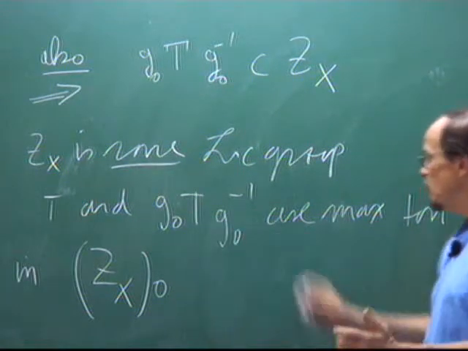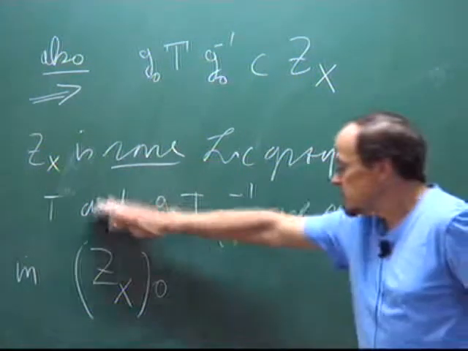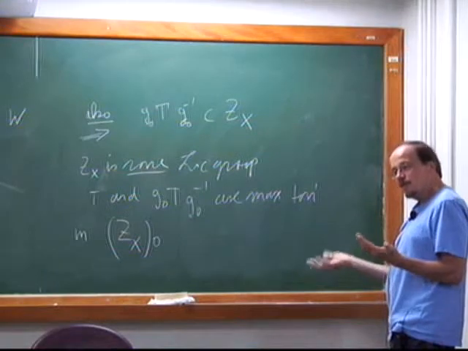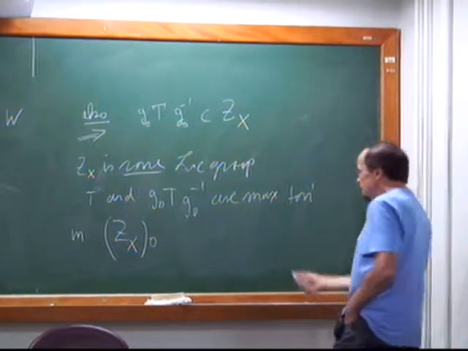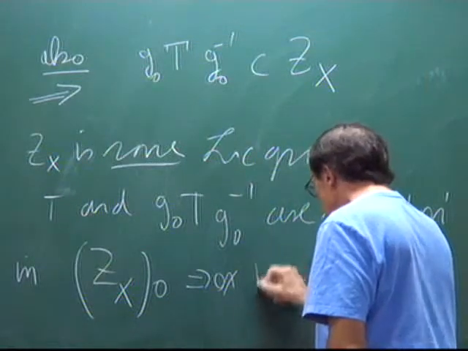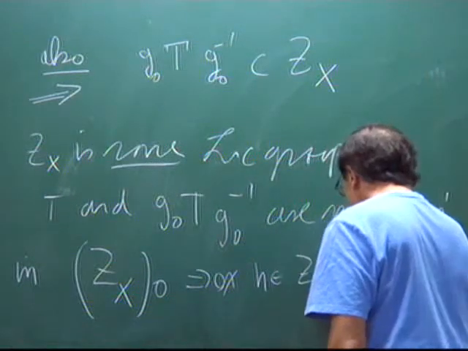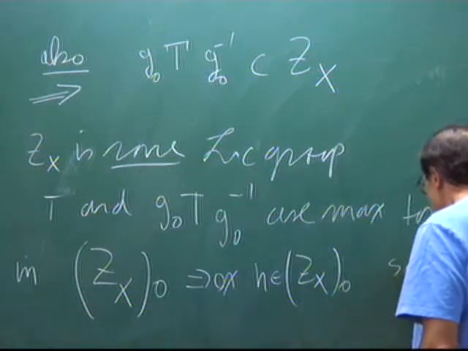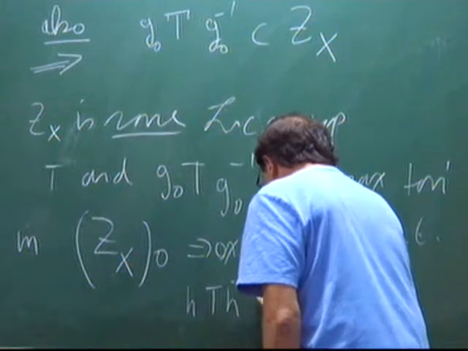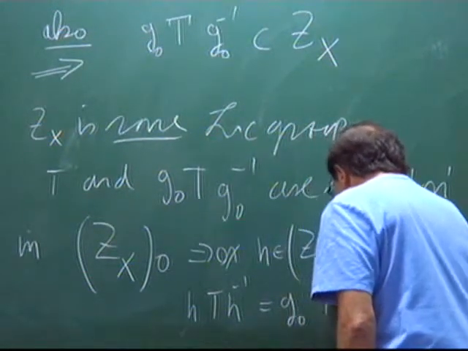Let's look at the identity component. These tori are connected, so they must lie in the identity component. So I have now two maximal tori inside the identity component of a new Lie group. Now I can use the fact that they're conjugate. We said in any Lie group, if I have two maximal tori, they are conjugate by something inside the Lie group. So there exists something in this Lie group, H, such that H takes T into this other maximal torus.